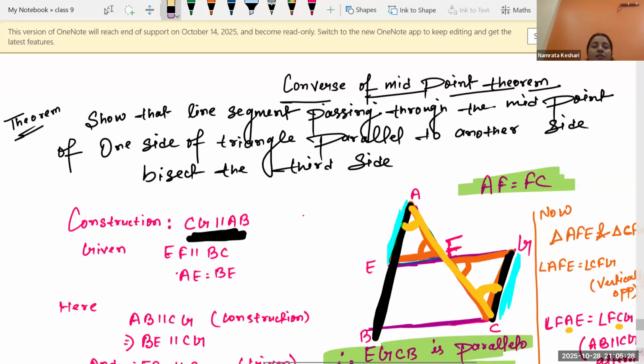But if you are copying, either write 'converse of midpoint theorem proof' or copy the statement as well. Otherwise, later on, when you go through this proof, you will get confused about what this is the proof of, which question number. So either give just the heading, or along with the heading, you can copy the statement as well.